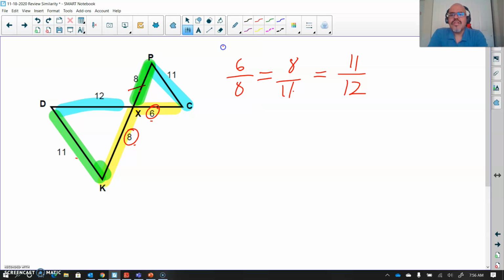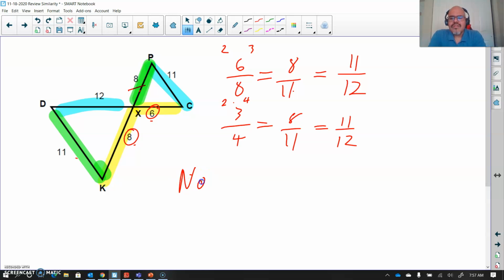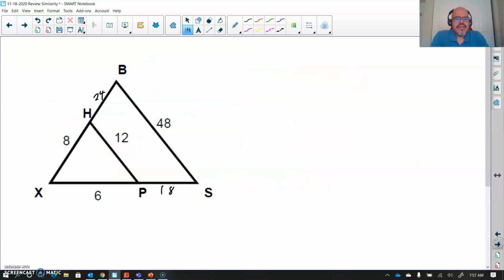They have a 2 in common and a 3, so that simplifies down to 3 over 4, because that has 2 and 4. 8 and 11 cannot simplify, and 11 over 12 cannot simplify further. So therefore, these are not similar. If they had been similar, they would have been similar by side, side, side, but that's not similar.